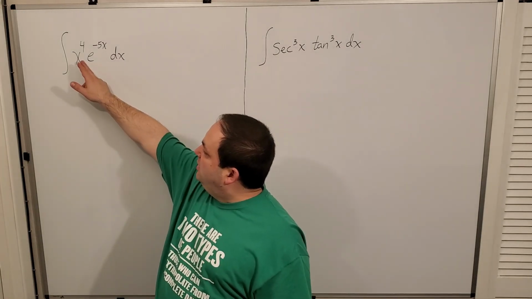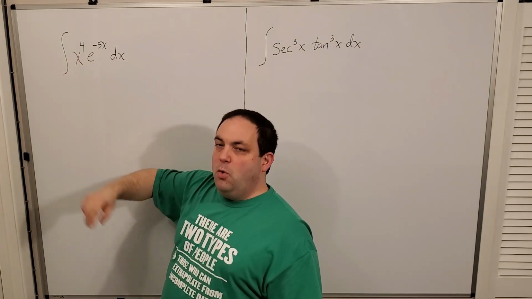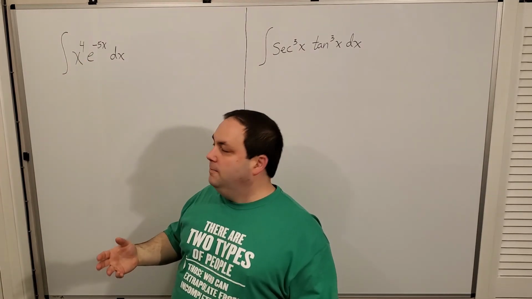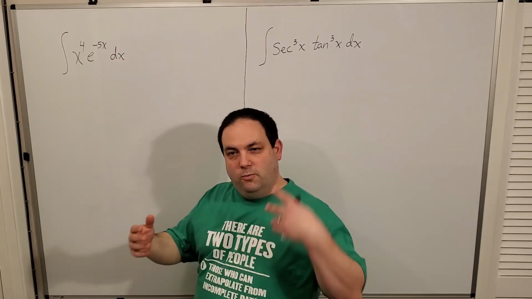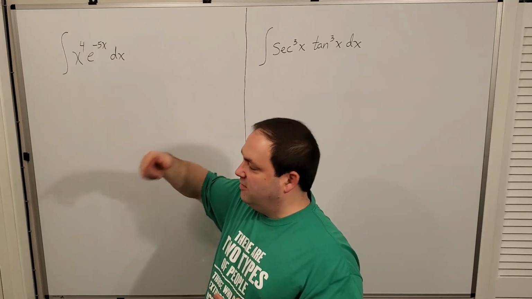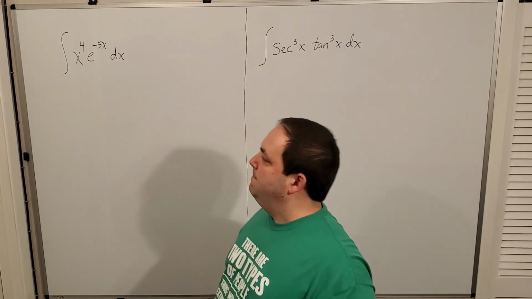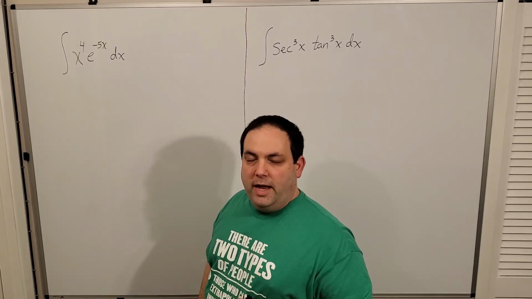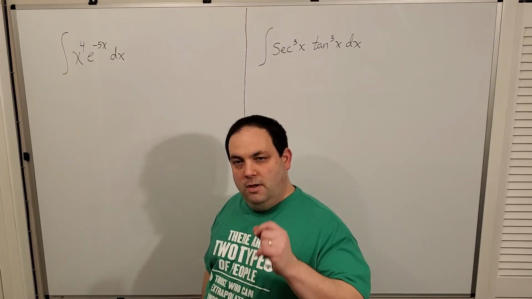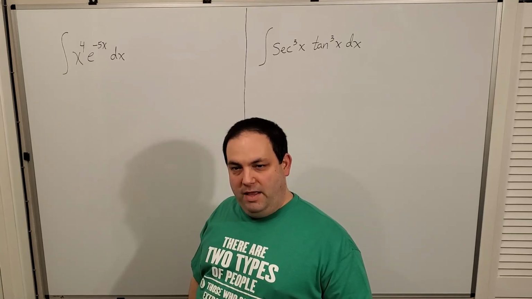With the multiplication, x to the fourth with enough derivatives would go away, and then the e to the negative 5x is what I call a repeater. That's the thing where you get the same derivatives and integrals over and over again. So this one is a perfect setup for doing a by parts integration, but using the tabular method.